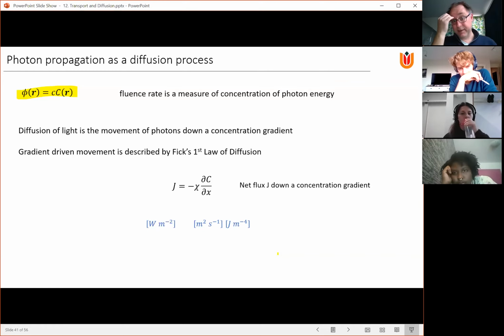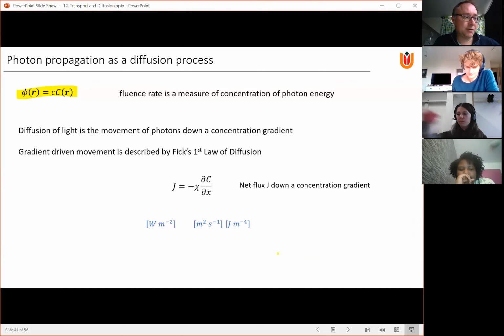So that means that the coefficient in between has units square meters per second, which is the usual unit that you find in these diffusion processes.